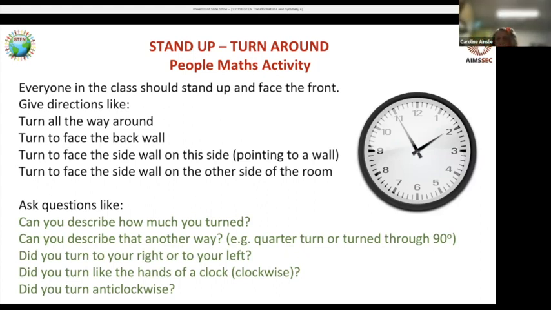So that's a people mass activity. Why do it? Well, you can ask your learners, can you describe how much you turned? According to whether they are younger or older, they may know about degrees, they may not. So they may say they turned all the way round or halfway round.